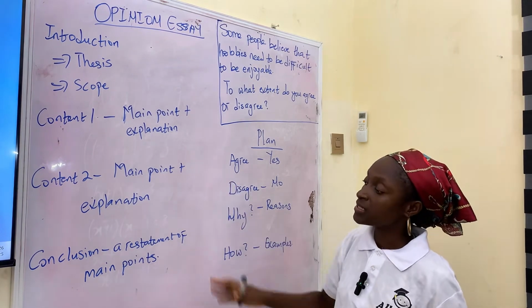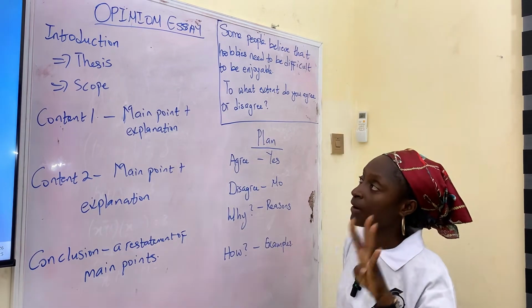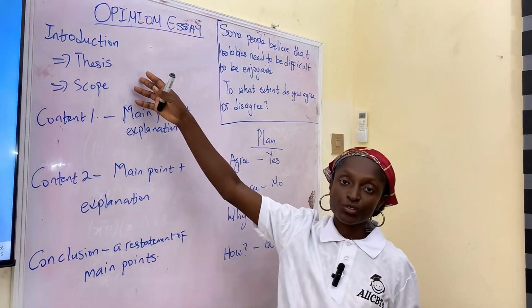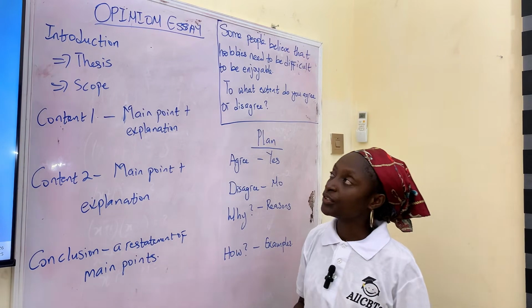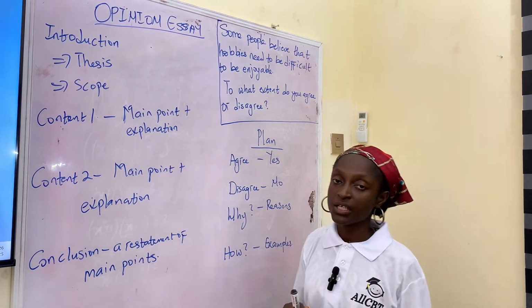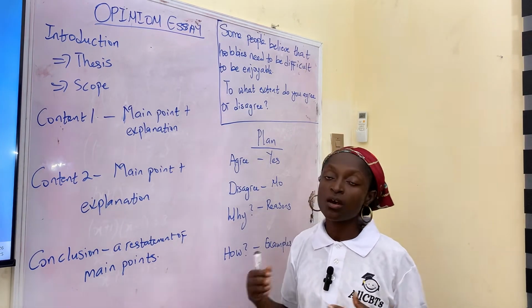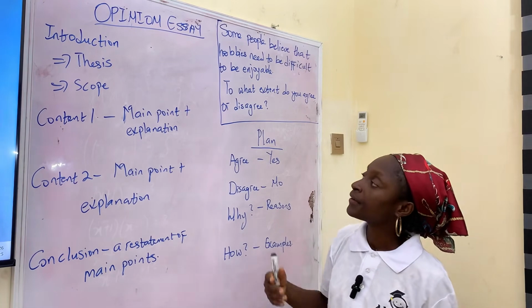Now the opinion essay is usually written in 4 paragraphs. The first is the introduction. Under the introduction, you're expected to give a general statement or a background statement, which could be a rephrase of the topic.